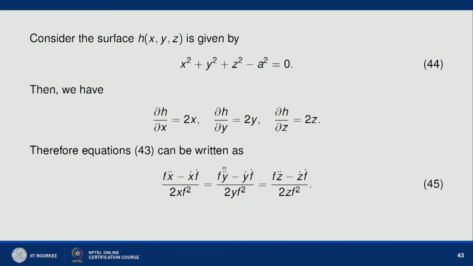Take these two equations and find the ratio of f dash upon f. Similarly take these two, and the first and third, and find the value of f dash upon f.